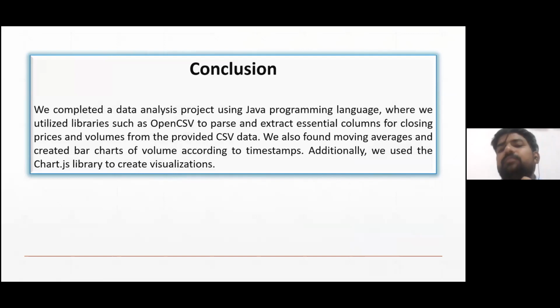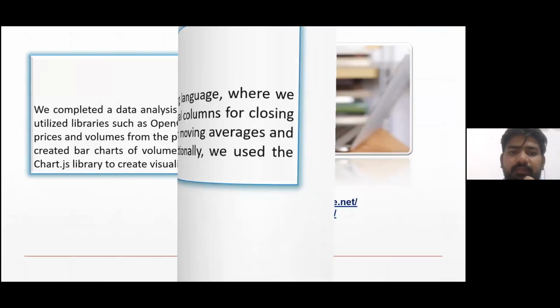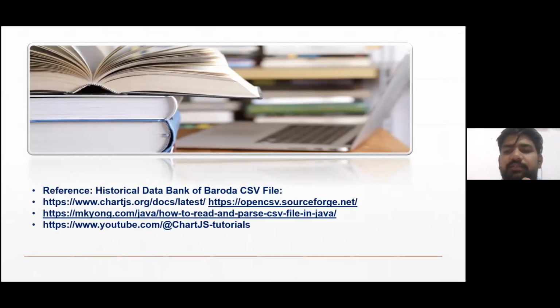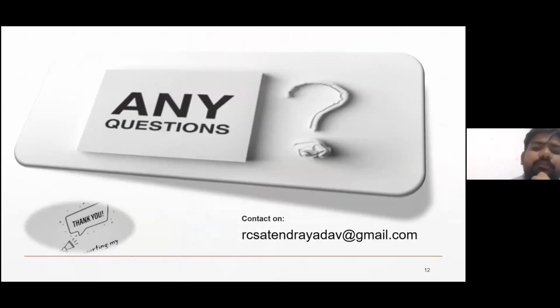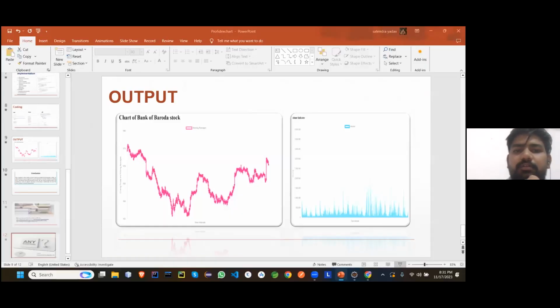We also found the moving averages and created a bar chart of the volume according to timestamp. Additionally, we used the Chart.js library to create a visualization. And these are the references which I used. If you have any questions, please ask me.